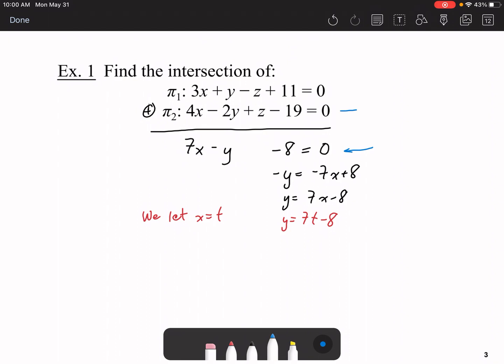I'm going to substitute in my second one right here, because I think it might be easier to work out the value of z. So 4 times t minus 2 times 7t minus 8 plus z minus 19 equals 0.